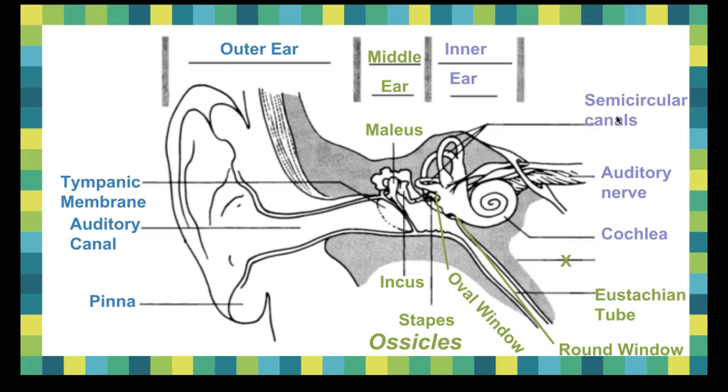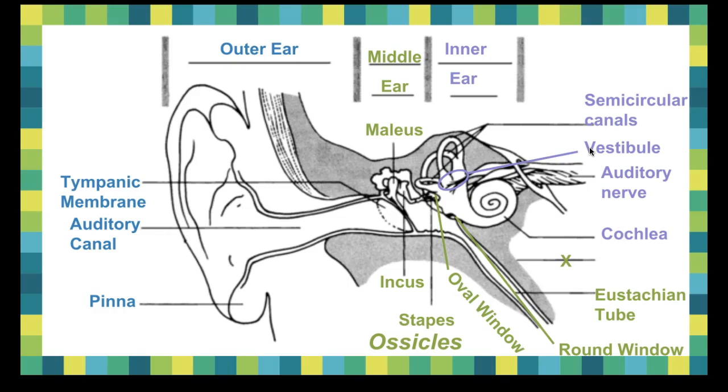We also have the semicircular canals, which are controlling our balance. And right at the base of our semicircular canals, you also have something called the vestibule, which is also involved in our balance. So these two things will send impulses to the part of our brain which controls our balance and posture. So these are all of our parts of the ear that you should know really well.